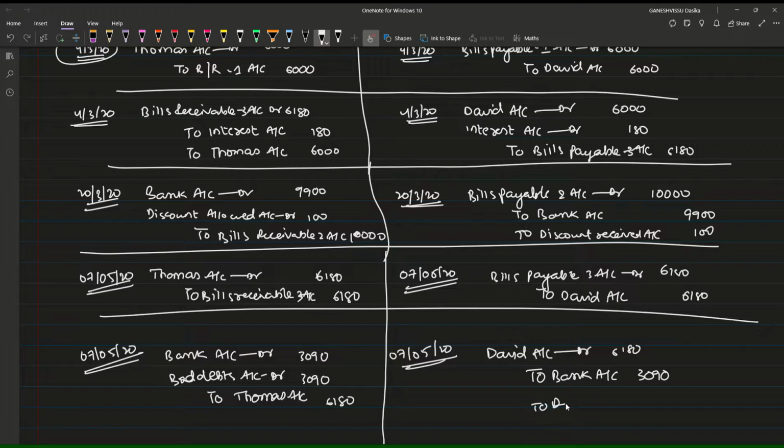And the deficiency amount is to be sent to deficiency account, 3090.